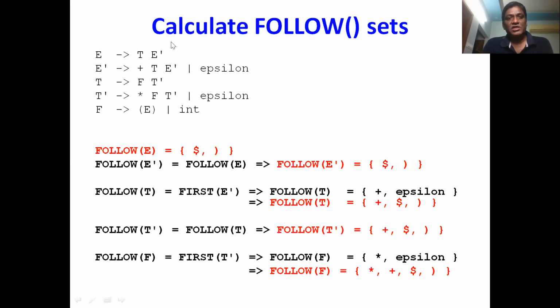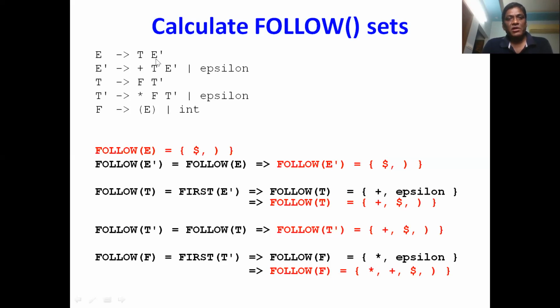Okay. Then follow of E dash. From the second variable onwards, don't look at the LHS. Look for that variable on RHS only. So we are looking for E dash. So E dash is here, E dash is here. You can go with the first occurrence. In both the cases, if you see, E dash does not have any following symbol, which means E dash is followed by epsilon, right? If there is no symbol, it means there is epsilon.